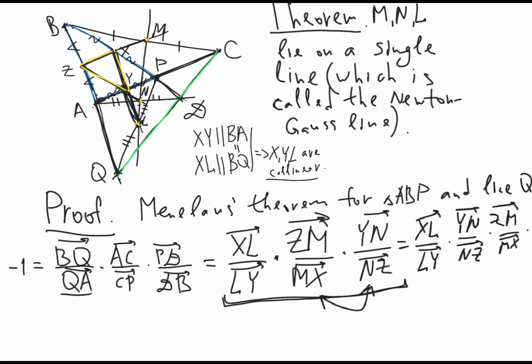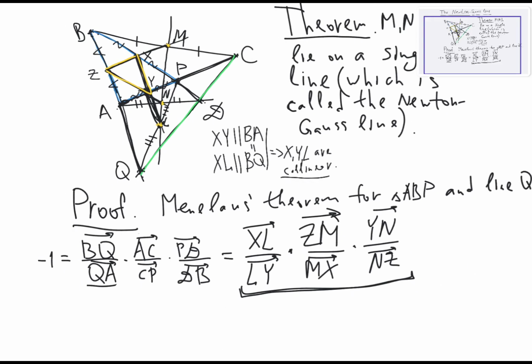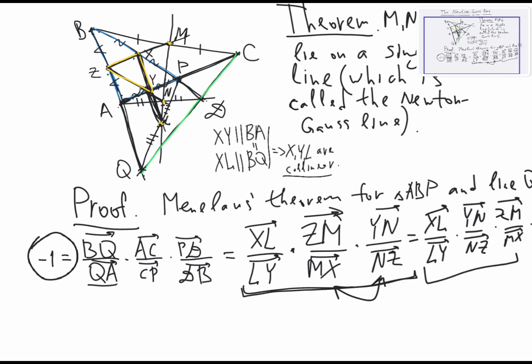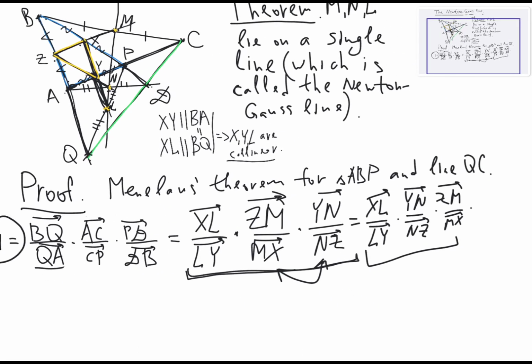We simply exchanged the places of the last 2 ratios. So now we have exactly the Menelaus theorem. The product of these ratios is equal to -1. So this is what we proved.